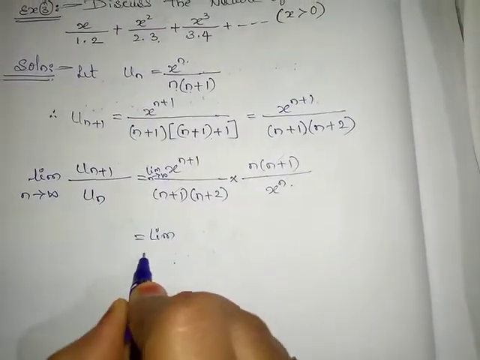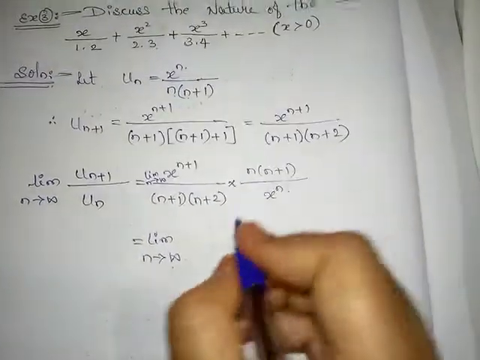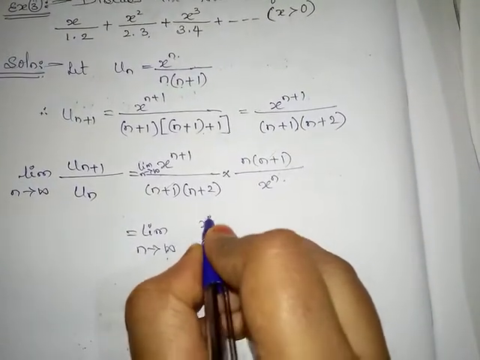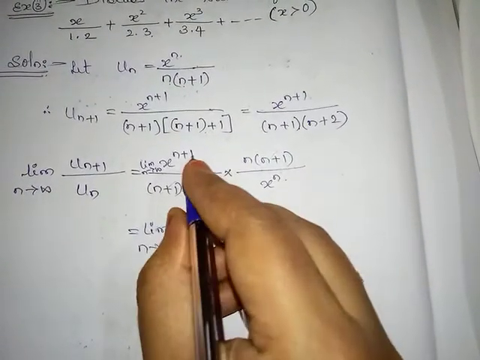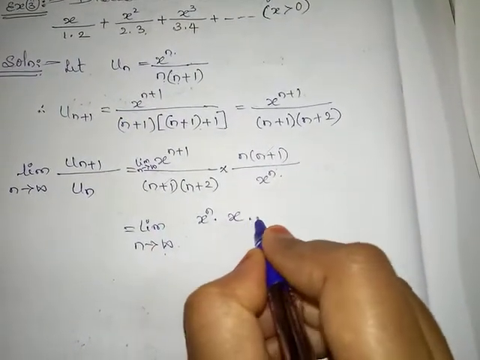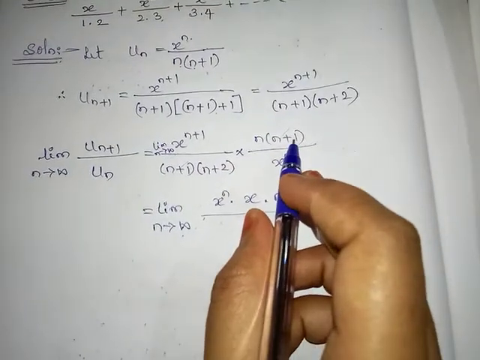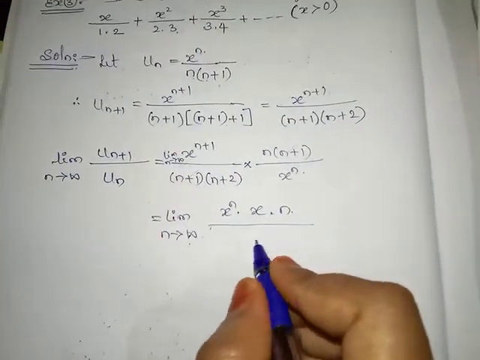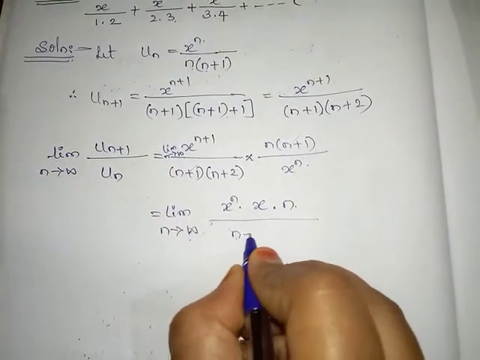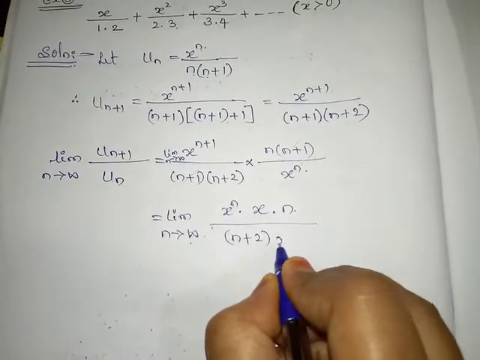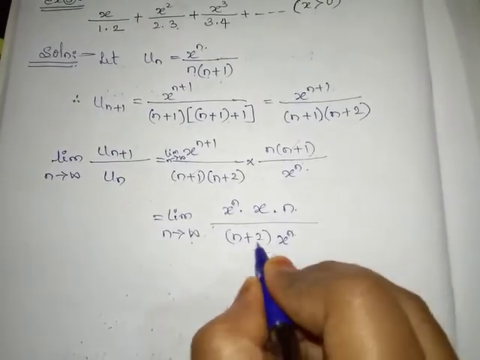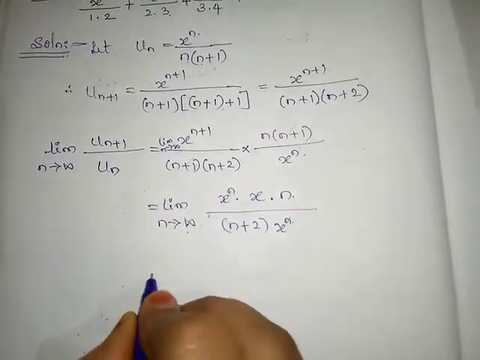Limit n tends to infinity, x raised to n into x, this can be written as x raised to n into x into n whole divided by, here n plus 1 cancels with this n plus 1, remaining is n plus 2 into x raised to n. This x raised to n cancels with this one.